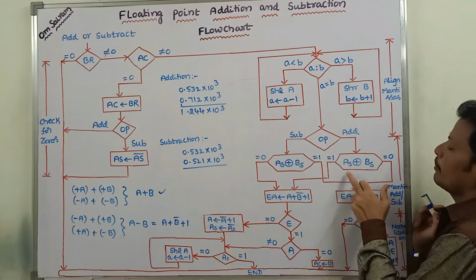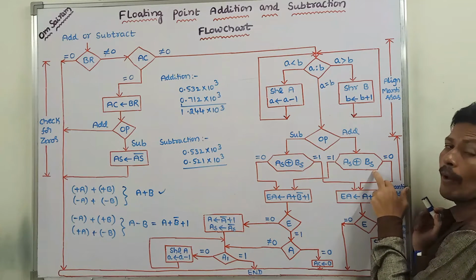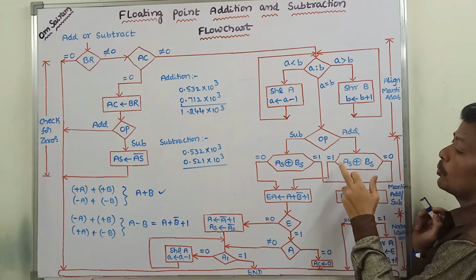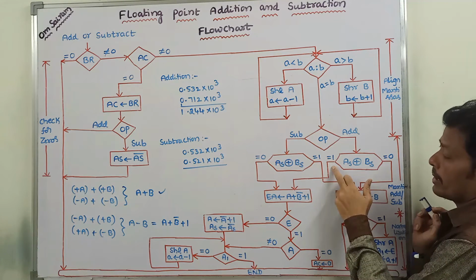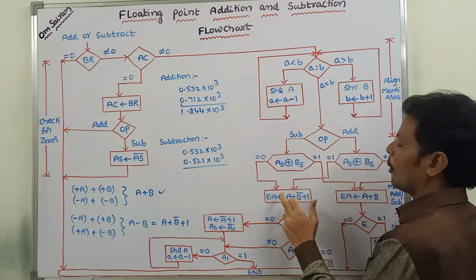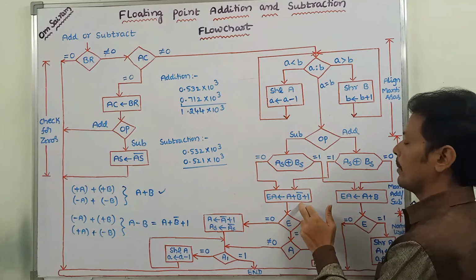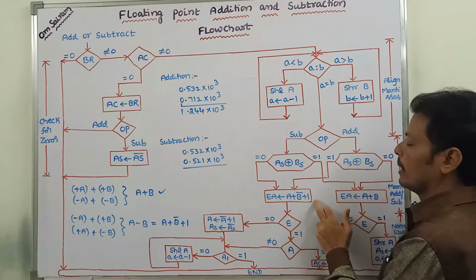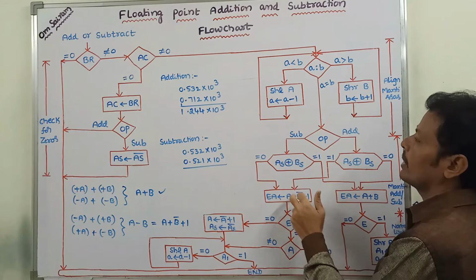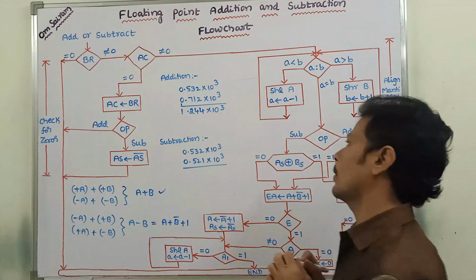So whenever both signs of the two mantissas of two floating point numbers are different, the output of the exclusive OR gate is 1. In this case, we are performing the subtraction operation, so A plus B bar plus 1. If any carry is generated, that carry bit can be transferred to the extended flip-flop.